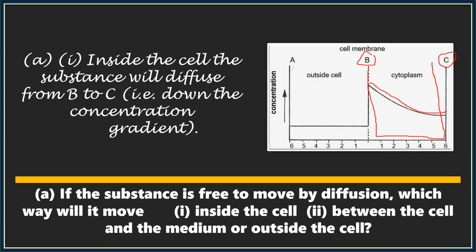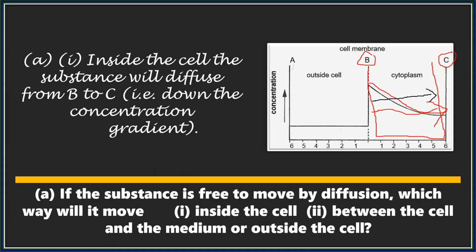Therefore, here inside the cell, substances will diffuse from side B going to side C. That's how they are going to diffuse from a region of high concentration to a region of low concentration. So inside the cell, the substance will diffuse from B to C, and that is down the concentration gradient.